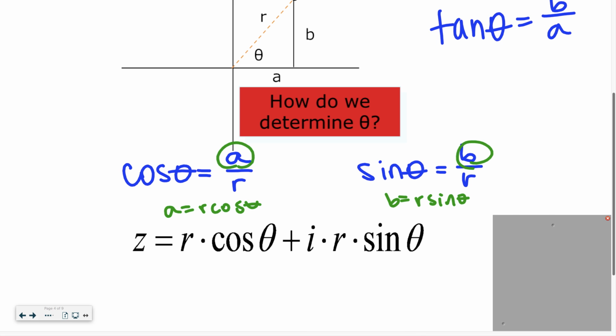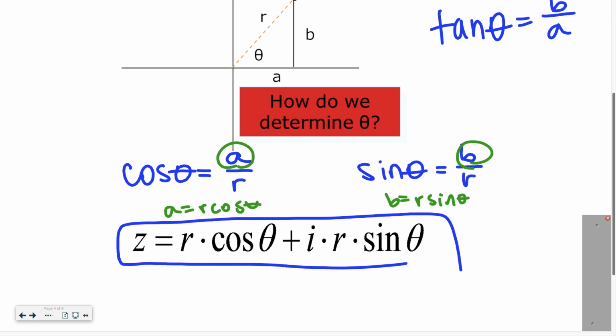So instead of writing bi, we can write r sine theta times i. This, highlighted, bold, circled, starred, whatever you need to do, is a trigonometric form of a complex number.